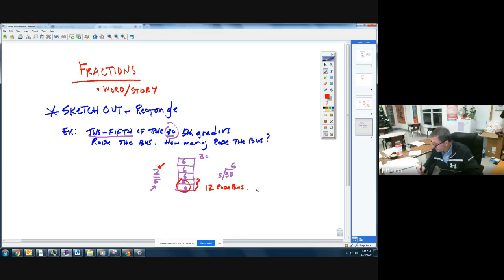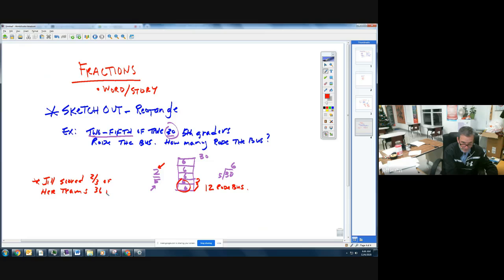How about this one? Jill scored 2/3 of her team's 36 points. Let's write that over here. Jill scored 2/3 of her team's 36 points.